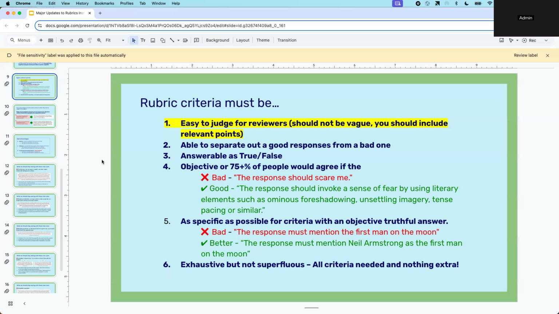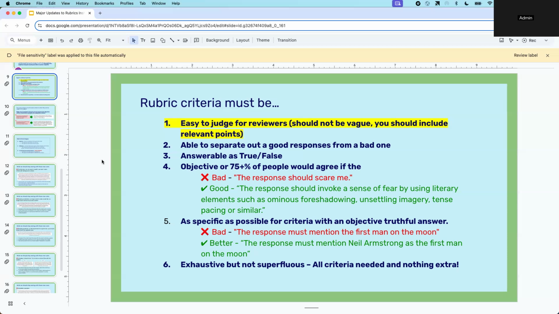In this case, I think the prompt was asking something more direct and more factual. We should say something like the response must mention Neil Armstrong as the first man on the moon. Ultimately, I think the criteria needs to be more specific, specifically calling out Neil Armstrong as that first person on the moon, because this is leading to an objective, truthful answer as well.